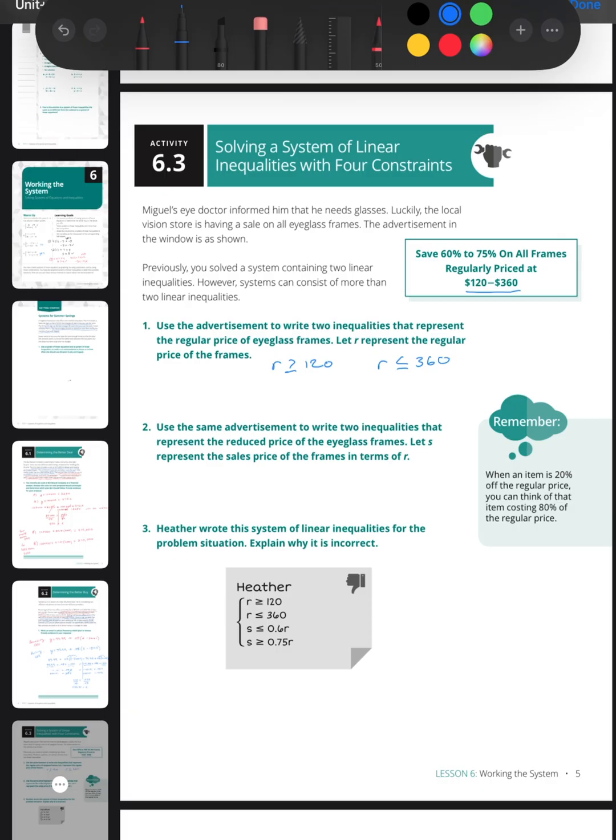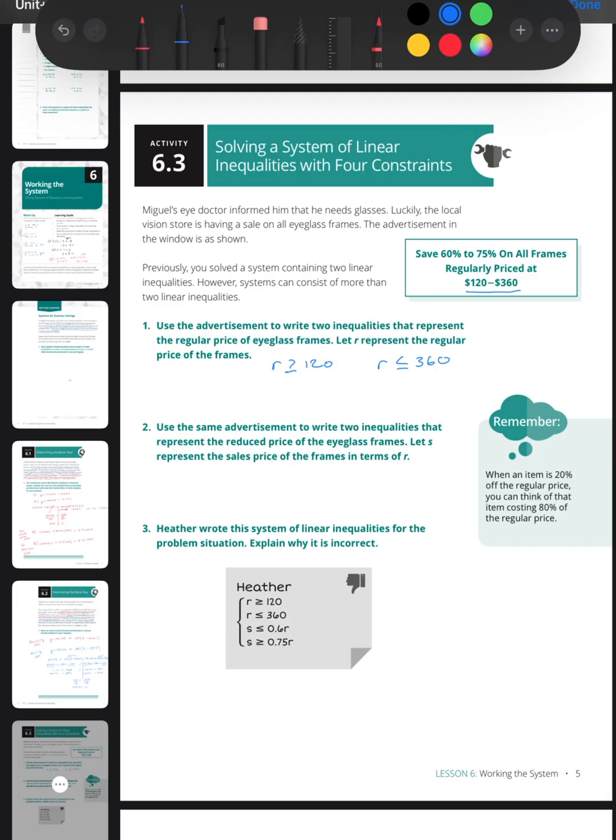Then if we look at 2, we're going to do the same, but for the sale price. If it's 60% off, that means you're actually paying 40%, because 60 plus 40 gets to 100%. You're paying 40% of the previous price.